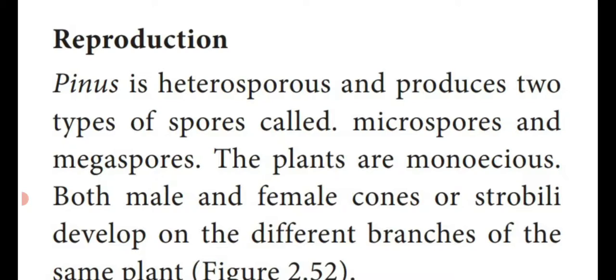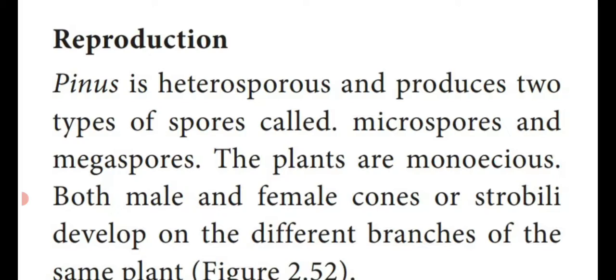But the plants are monoecious. That means in the same plant itself, they produce a male cone as well as a female cone. Both male and female sex organs are produced in the same plant body in different places or regions. That is known as monoecious.